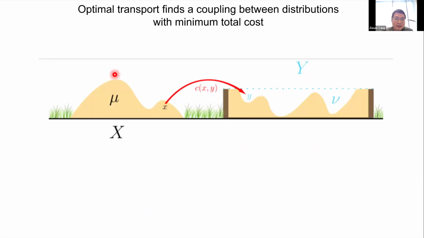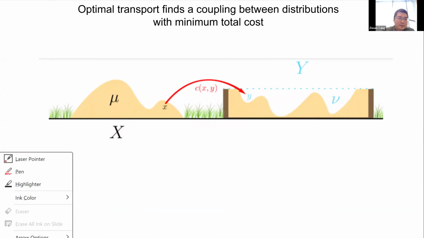Okay, so as an illustration of what optimal transport does, we're given two distributions. We can think about this x as a pile of sand, and this y as a destination of the sand, where we want to transport this pile of sand x to fill the hole in this region represented by the distribution y. Okay, and there are different ways to transport this mass, right?